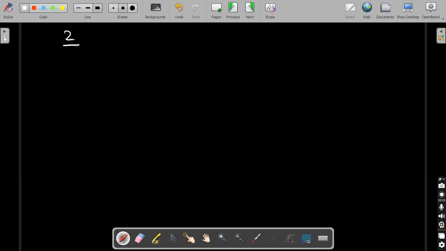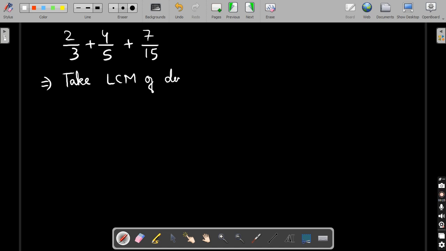One more question let us solve. 2 by 3 plus 4 by 5 plus, let it be here, 7 by 15. Same question, let it be plus. Then what will I do? Take the LCM of the denominators. Now how will I solve? Let me draw one line.